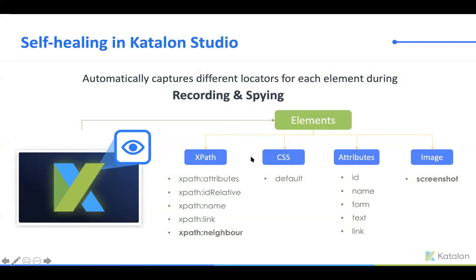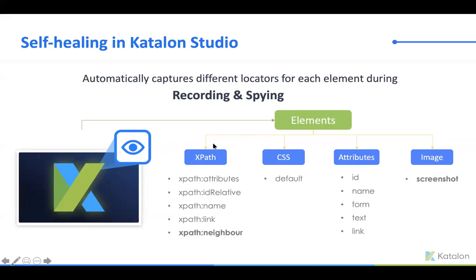There's no support for the CSS or the attribute. I know many of you are more familiar with the CSS or with capturing the object using the attribute compared to the expert itself. We have now developed a new feature called self-healing that could help you facilitate your recording and spying process. Without any more talking, I'm going to jump straight into Katalon Studio and show you how this feature works.